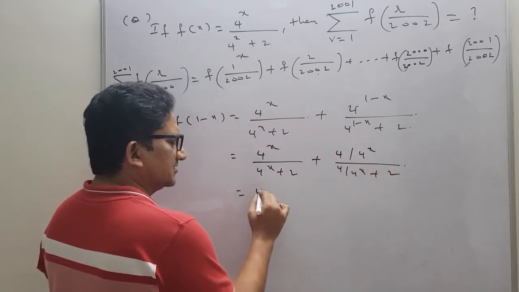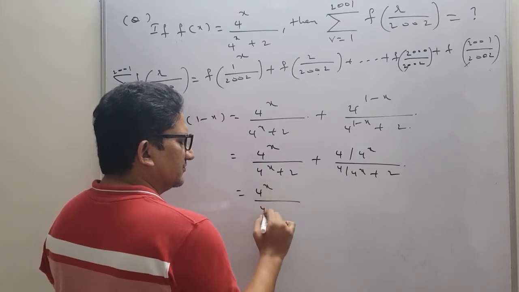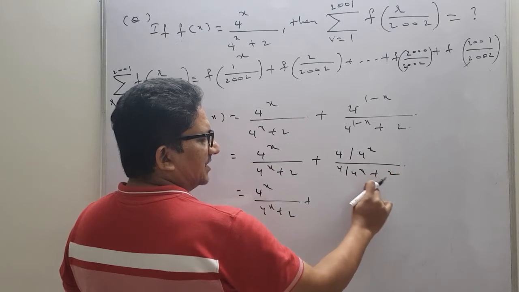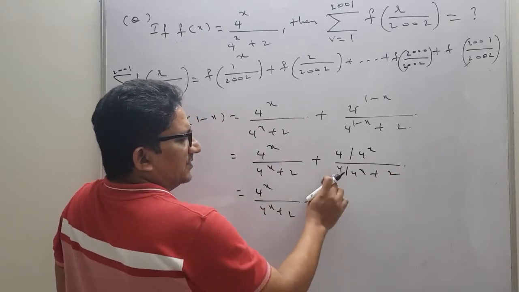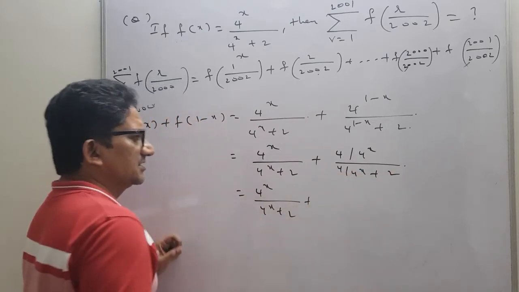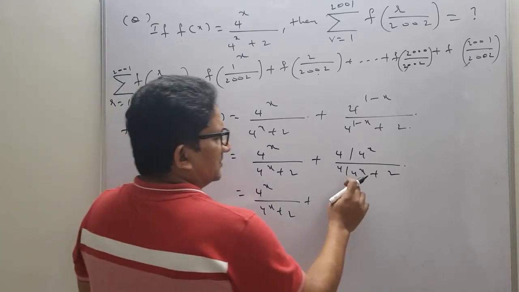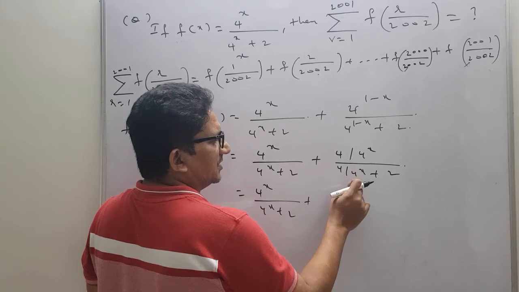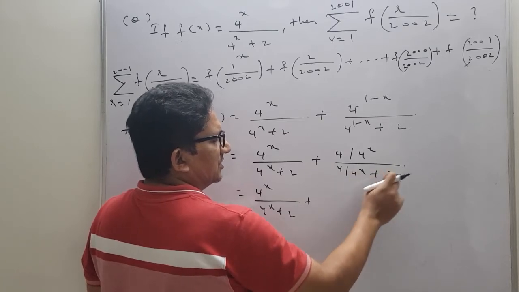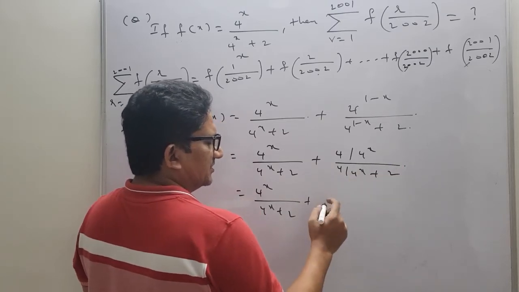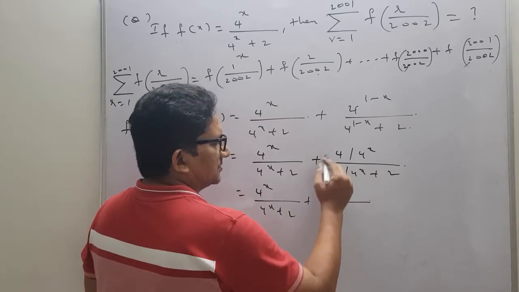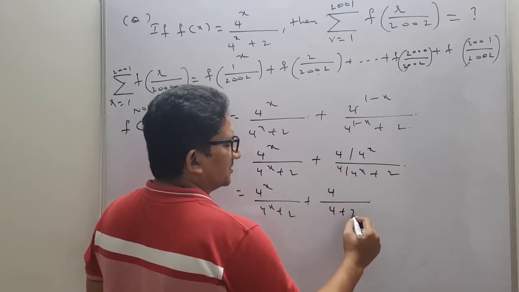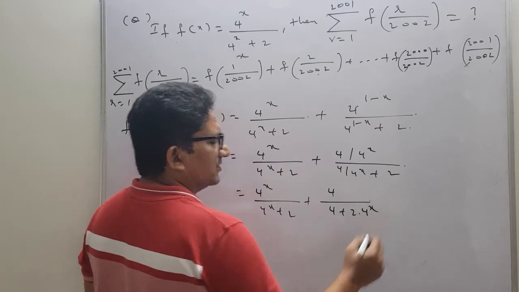The next simplification: 4 to the power of x by 4 to the power of x plus 2, plus, if we take LCM in the denominator part, what will we get? Is it correct or not, please check it out. If we simplify this one, 4 by 4 to the power of x and 4 by 4 to the power of x plus 2, once you take LCM, on simplifying we will get 4 by 4 plus 2 into 4 to the power of x.